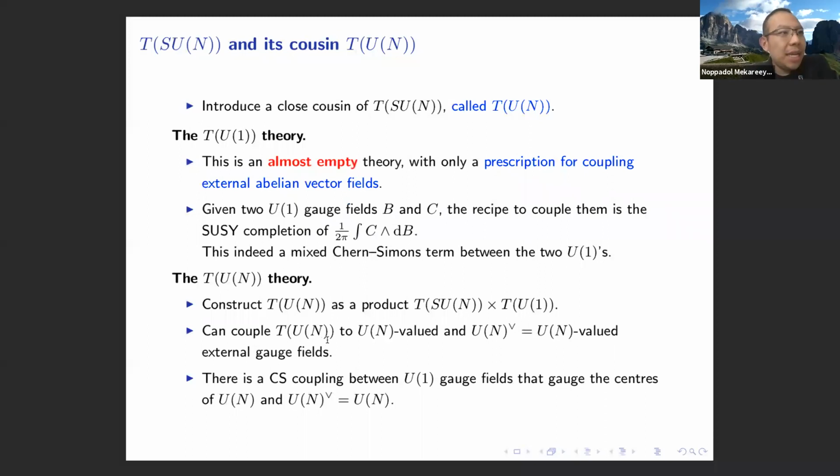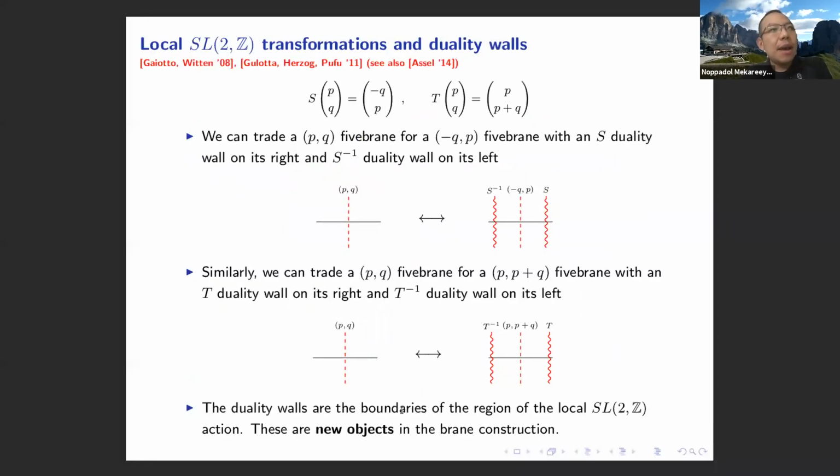So you can couple TUN to the UN value and the UN check value, but UN check is just UN, an external gauge field, okay? So, of course, there is a Chern-Simons coupling between the U1 gauge field that gauges the center of UN and of the two UN, okay? So this is an interesting theory.